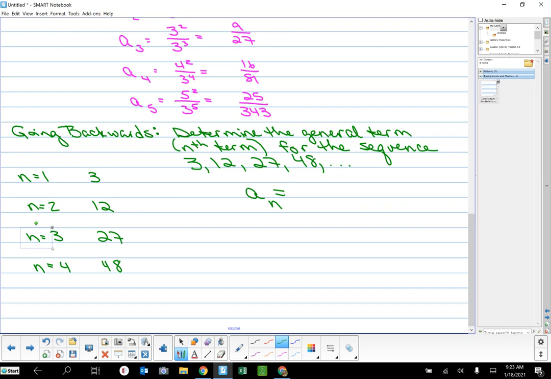Okay, so sometimes it's multiplication. Sometimes it's powers. There's all sorts of things that you need to try to look for.